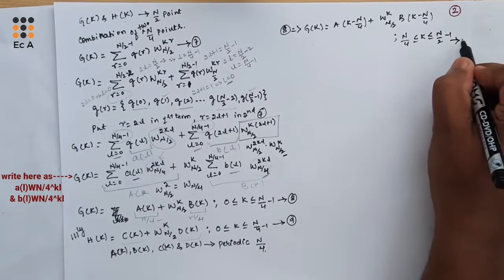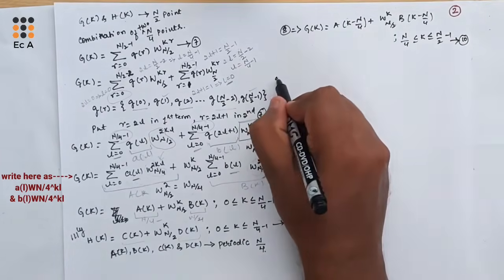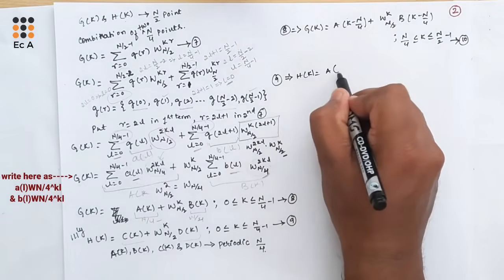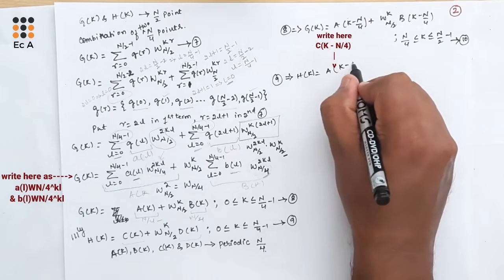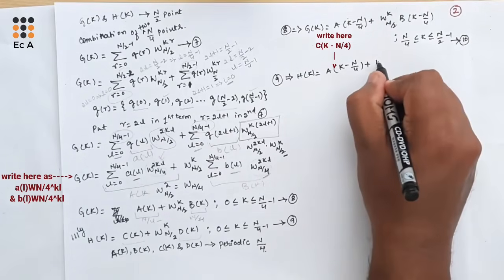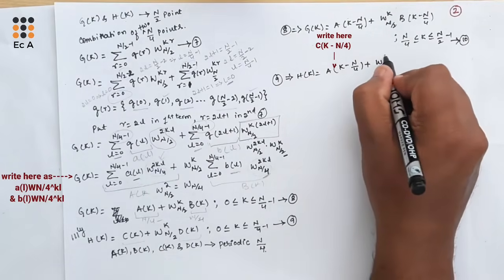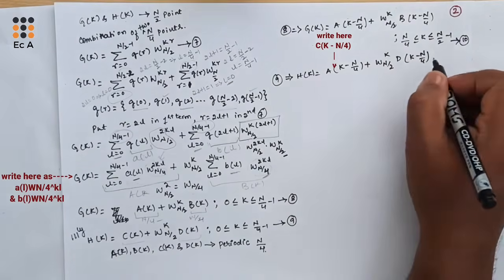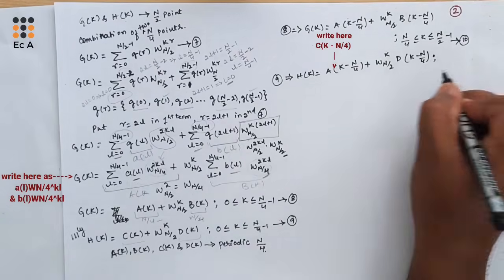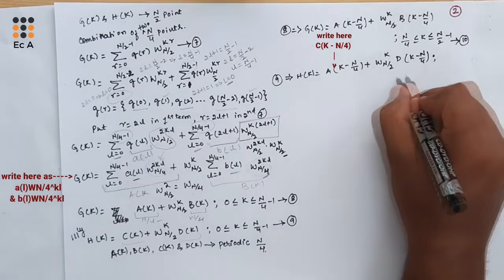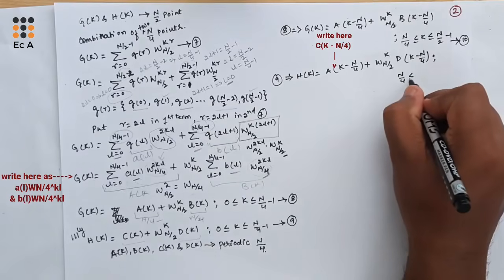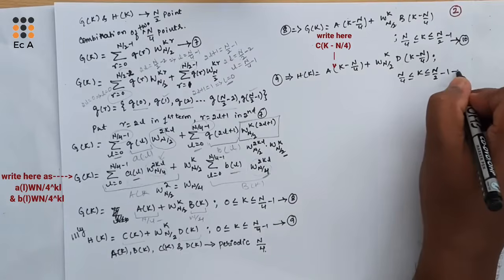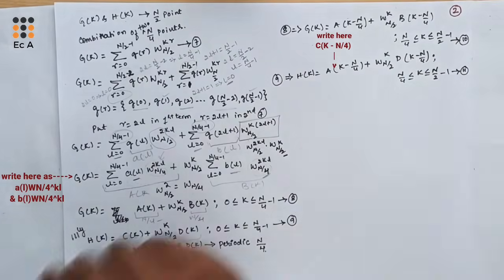Let us call this as equation number 10, and equation 9 can be written as h of k is equal to c of k minus n by 4 plus wn by 2 to the power of k, d of k minus n by 4 for k value ranging from n by 4 to n by 2 minus 1. Let us call this as equation number 11.